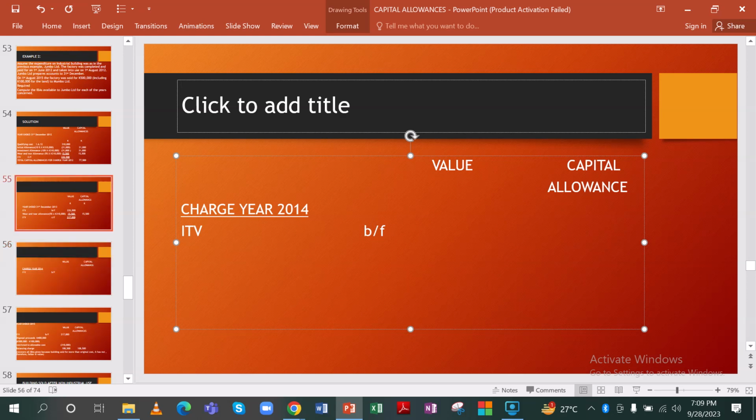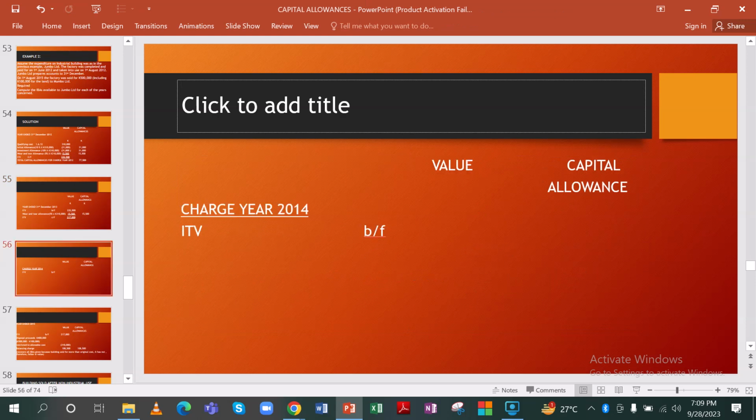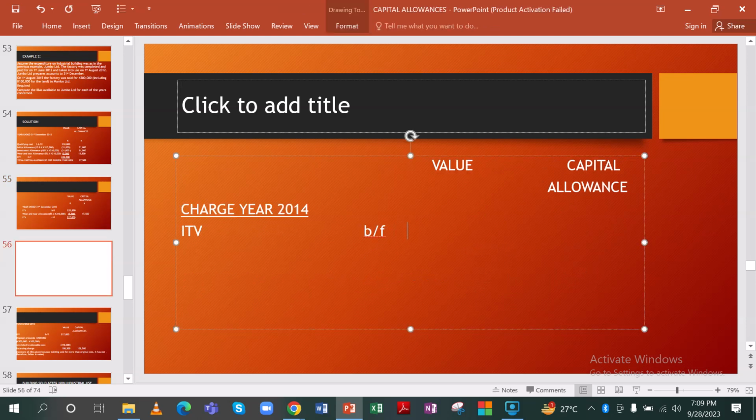And what we are bringing forward from 2013 is 217,000. That's what we are bringing forward. And then we go ahead and claim capital allowances.